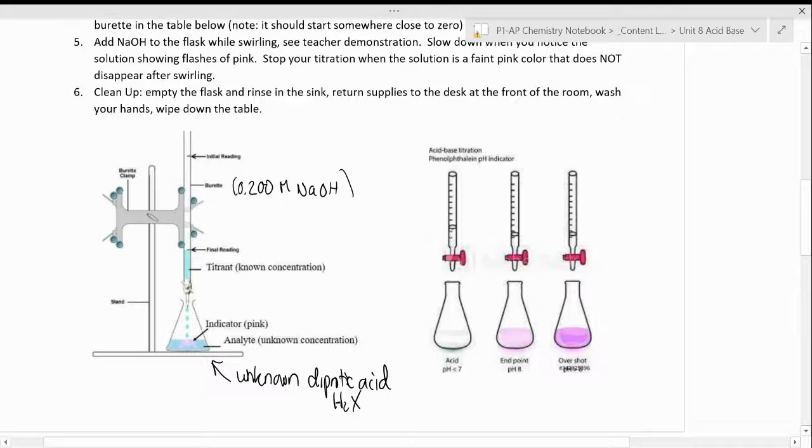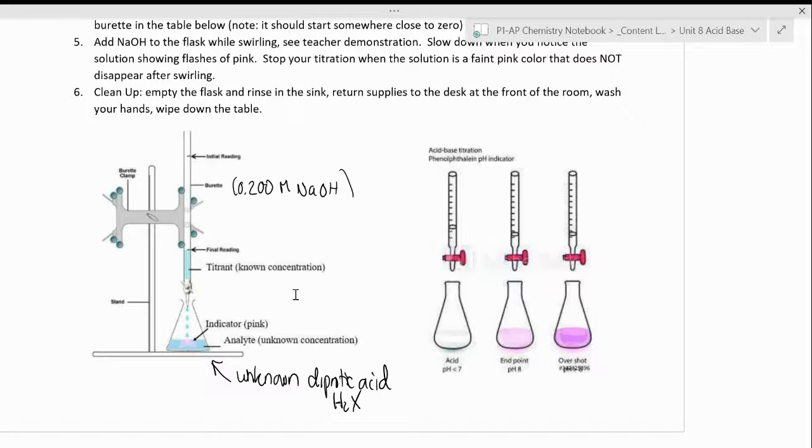We have an indicator in here as well. The indicator we are using is phenolphthalein. Phenolphthalein is clear when the solution is acidic, and it turns pink when the solution turns basic. So the way that we will know that our titration has reached its endpoint is that the solution will stay a very faint pink color. That's what we're looking for as our endpoint.